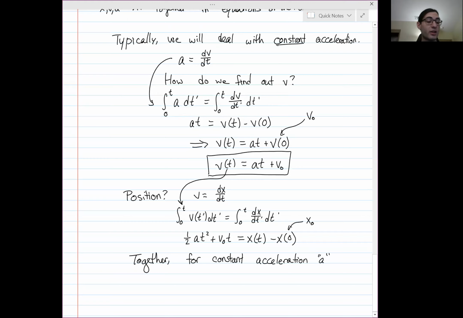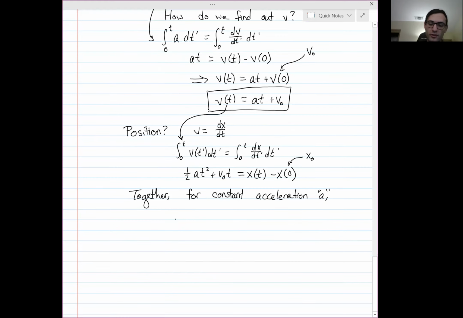So for constant acceleration a, we get the equations v of t equals a times t plus v naught, and x of t equals 1/2 a t squared plus v naught t plus x naught. And these are our kinematic equations.